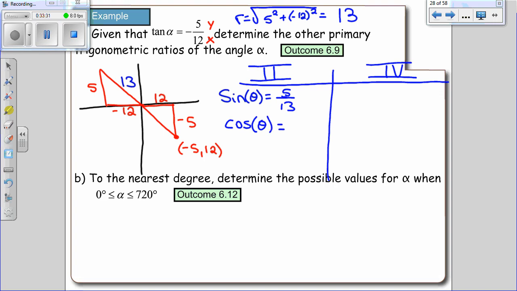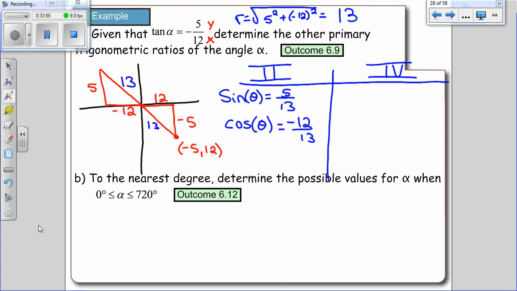You then redo the question for quadrant 4. The r measure would still be the same thing. It would still be 13. It's just now your positives and negatives have swapped. So in quadrant 4, your sine ratio is now negative 5 over 13.